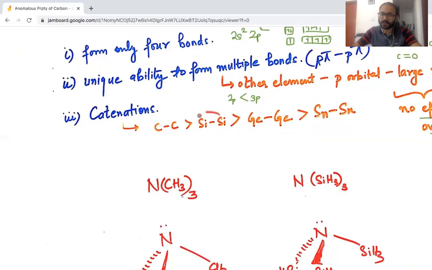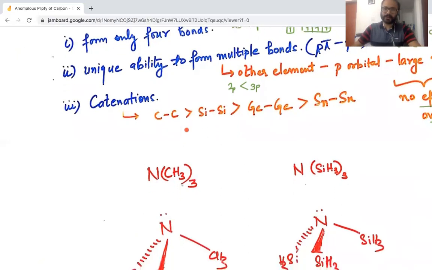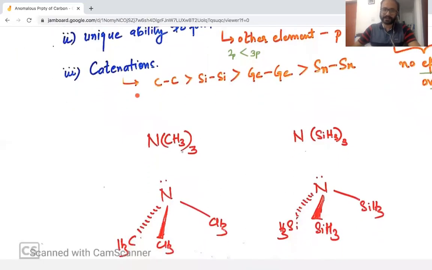Silicon also forms long chains, but not to the extent you find in carbon. So this is a very, very important property that carbon compounds show, and that is because of the strong bond energy of the C-C bond.